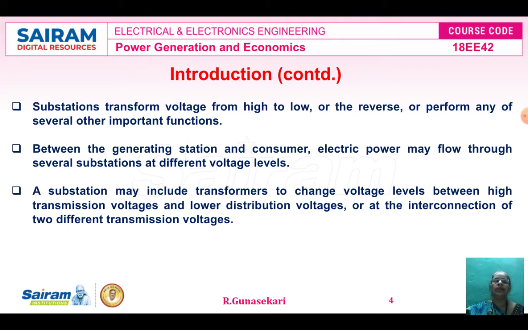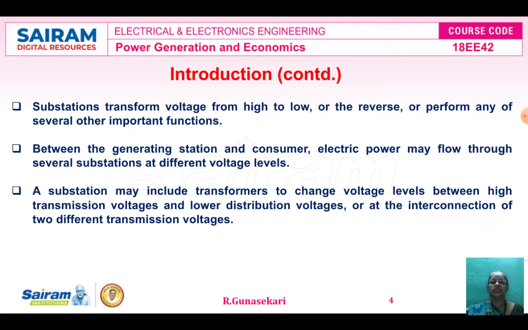Between the generating station and consumer, what are the networks there? Generating station, primary transmission, then secondary transmission, receiving substation, primary substation, then secondary substation, primary distribution, secondary distribution, and then consumers.